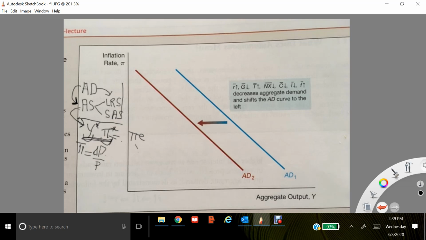So if the average price goes from 100 today to 110 a year from now, that would be a 10% increase, and that would be an inflation rate of 10%. And the problem with having a significant inflation rate, more than 1 or 2%, is that all prices don't increase at the same rate.